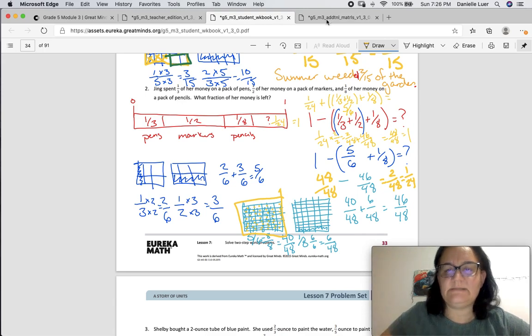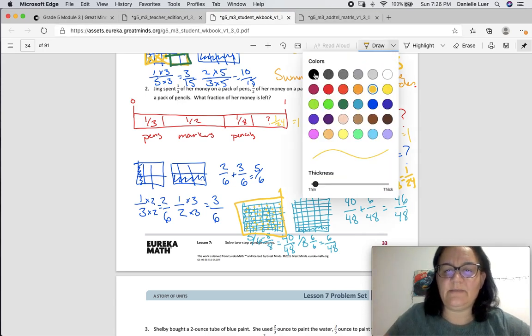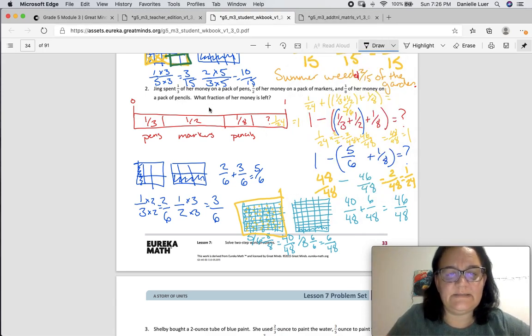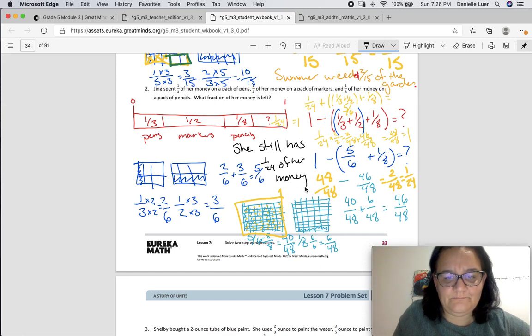Looks like it works. So our answer, and I'm going to write that in black, our answer is, what fraction of her money is left? She still has 1/24 of her money, period.